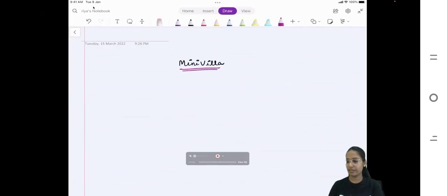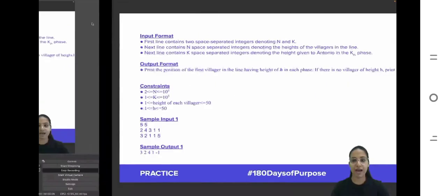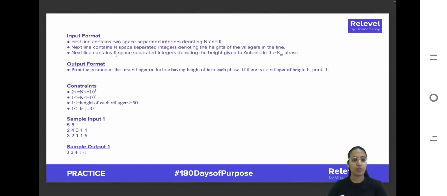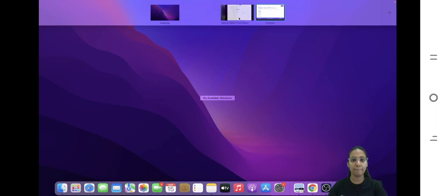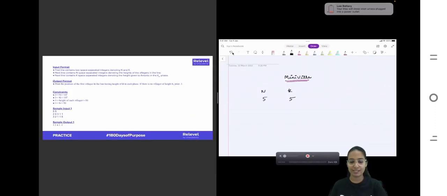So this is the screen, and here what we are going to see is first the input for n and k, which was 5 and 5. Then we had the heights of all the villagers, which was 2, 4, 3, 1 and 1. If you want, we can take a look simultaneously as well. So this is 2, 4, 3, 1 and 1.